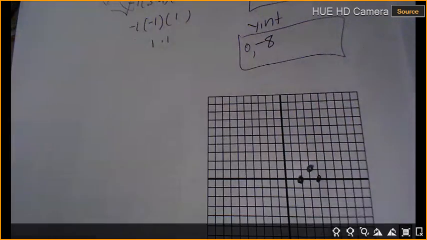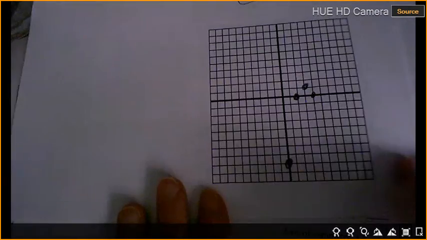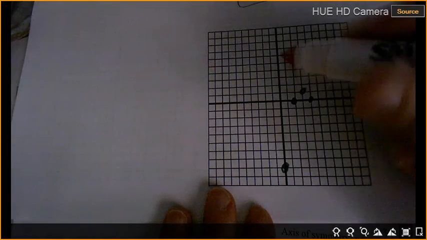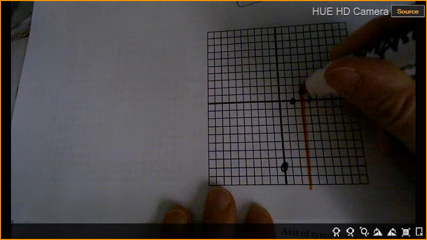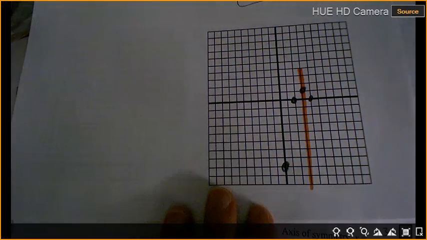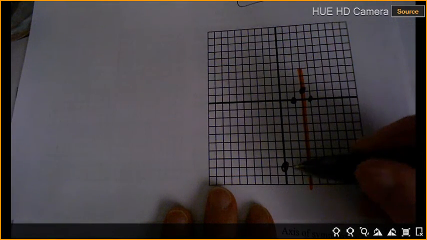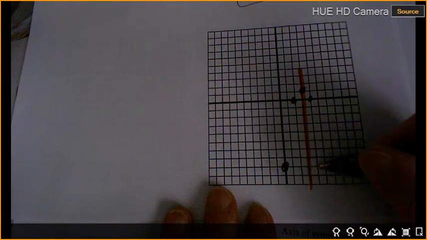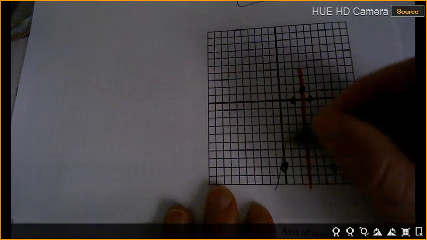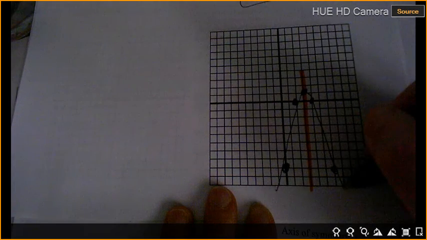Now, how would I make a 5th point on here? I've got 4. I'd like one more to kind of complete my U. Right here, this is my axis of symmetry. So if I look, this point down here at the bottom is 1, 2, 3 away. So I can go 1, 2, 3 on the other side. And I've got my lovely U.